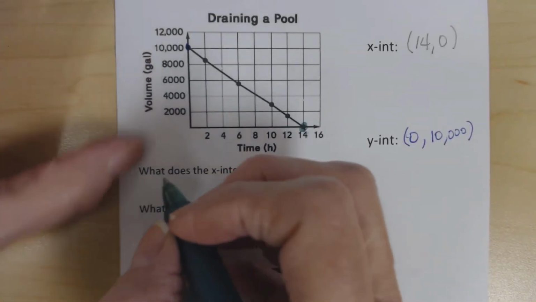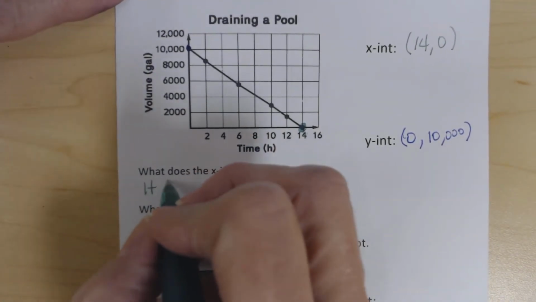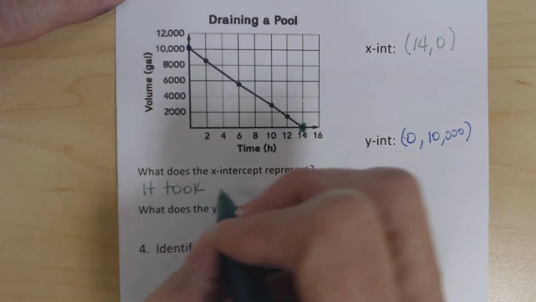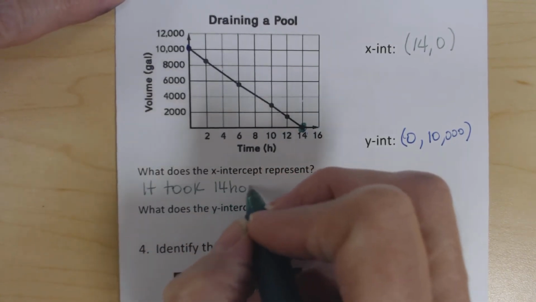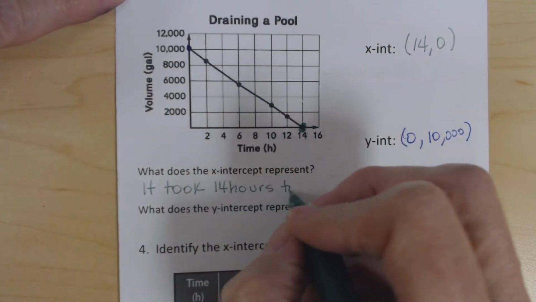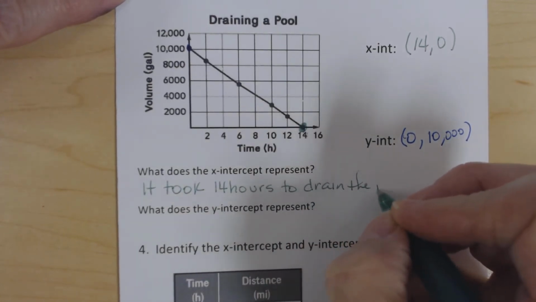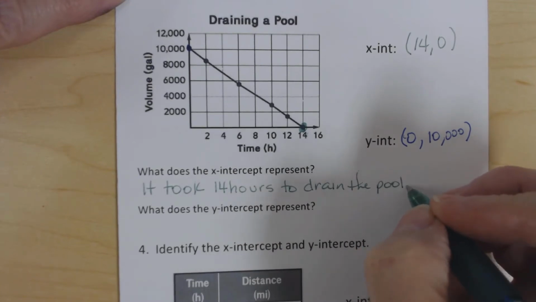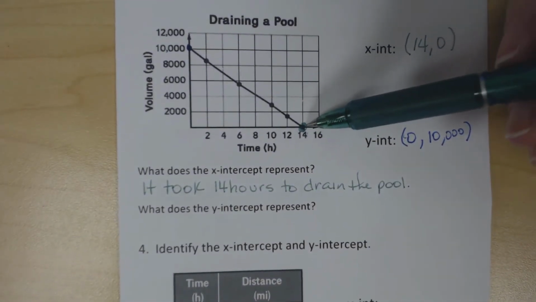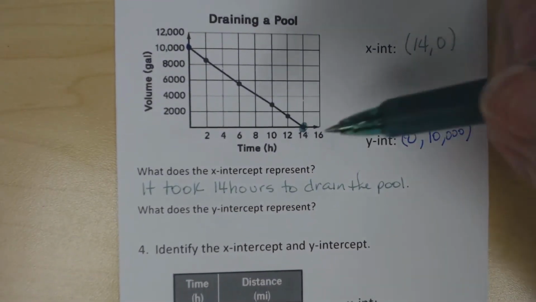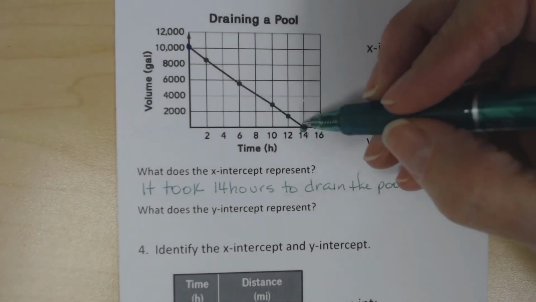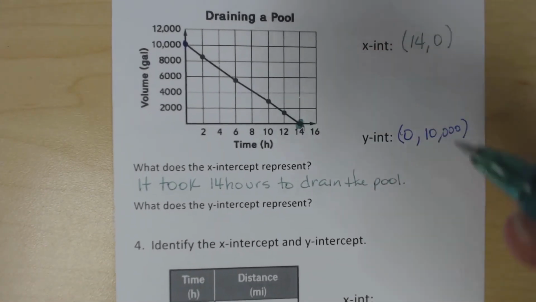It means it took 14 hours to drain the pool. This is the point at which the number of gallons in the pool is 0, and it took 14 hours for the number of gallons to get to 0.